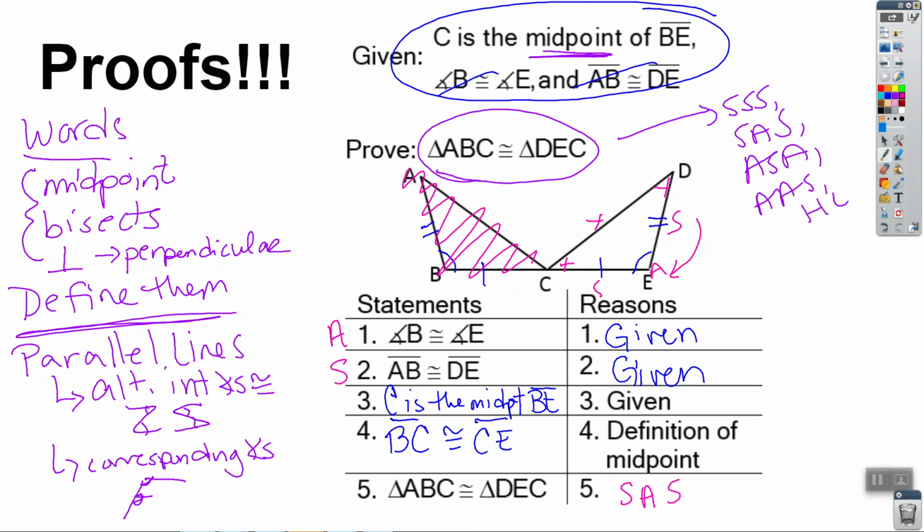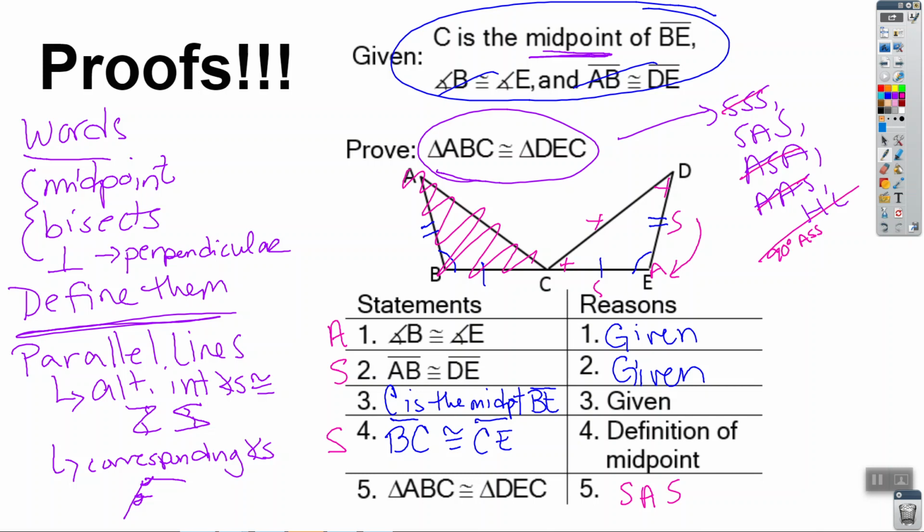Number four, is that an angle or a side? So I have two S's and one A. If I go back to my big five, the only ones with two S's and an A are either side angle side or HL. Well, there's no 90-degree angle, so by process of elimination, I know that this has to be side angle side.